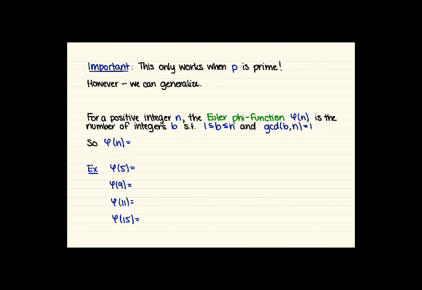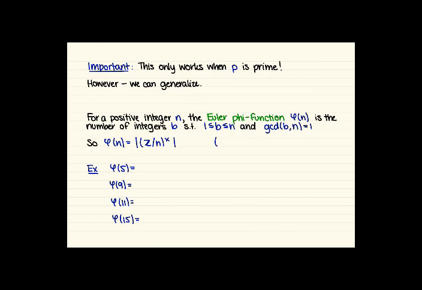So for a positive integer n, the Euler phi function, phi of n, is the number of integers b such that 1 is less than or equal to b is less than or equal to n, and the greatest common divisor of b and n is 1. So we're counting how many things relatively prime to n there are between 1 and n inclusive. Since we're looking at things that are relatively prime to n in that range, that's going to be the same as just counting the number of elements in Z mod n cross.